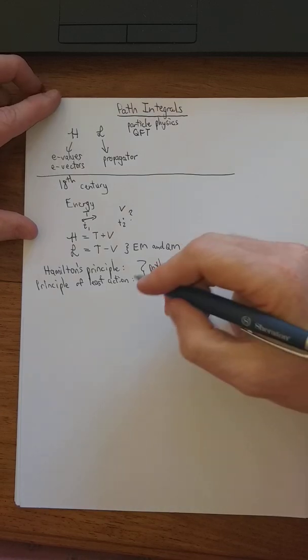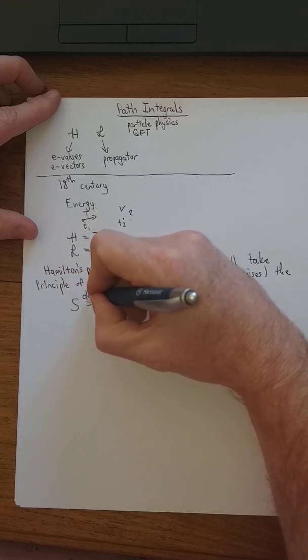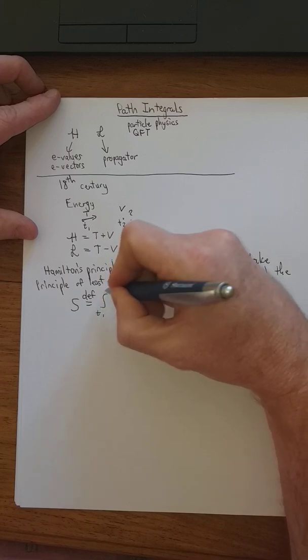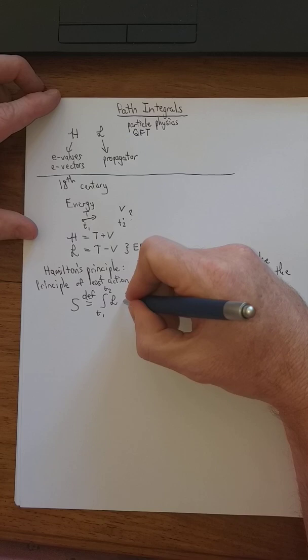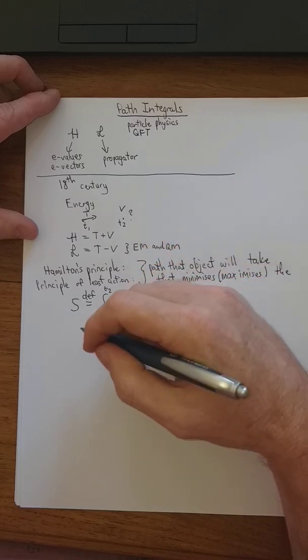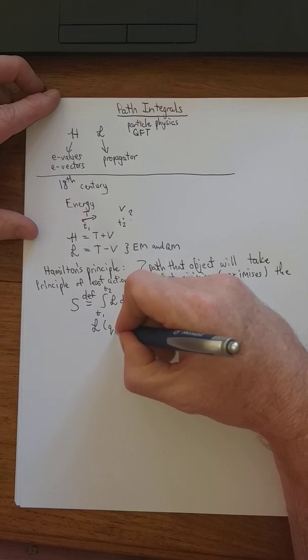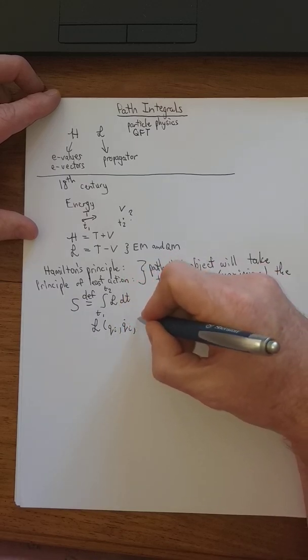Okay, now the action, if you remember, is defined as the integral from time 1 to time 2 of your Lagrangian with respect to time, where your Lagrangian is a function of your generalized coordinates, generalized velocities from where you can get your momenta, and time.